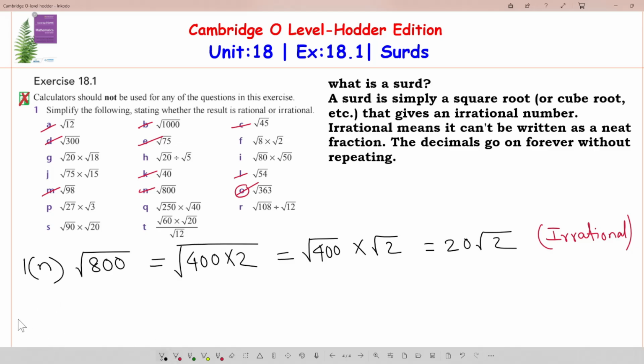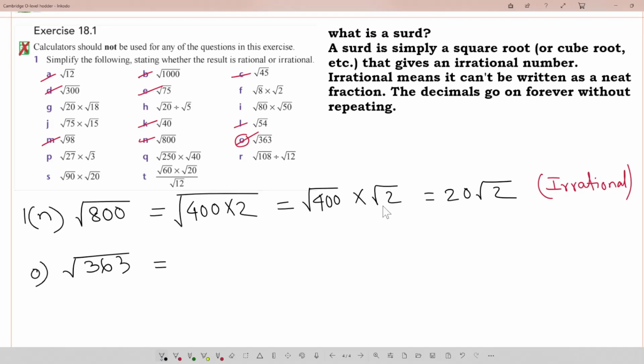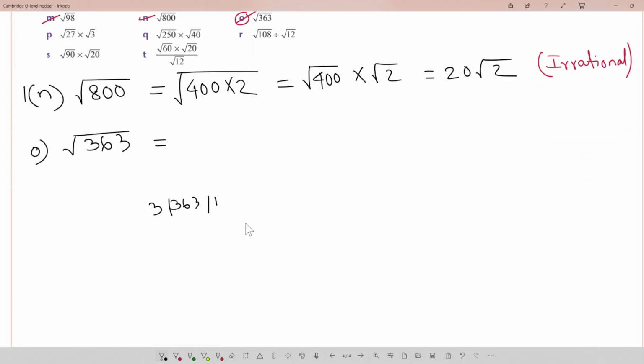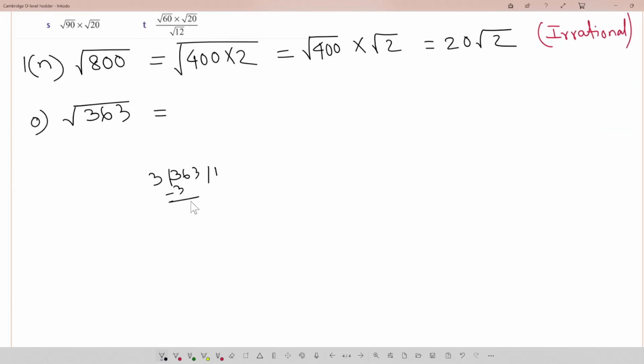Number O, which is root 363. How can we separate this? We can divide this by 3. 363 divided by 3 is 121. 121 is a perfect square.